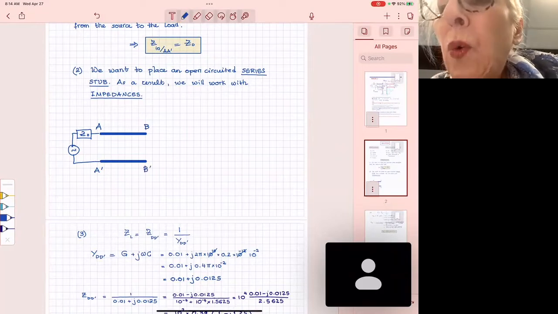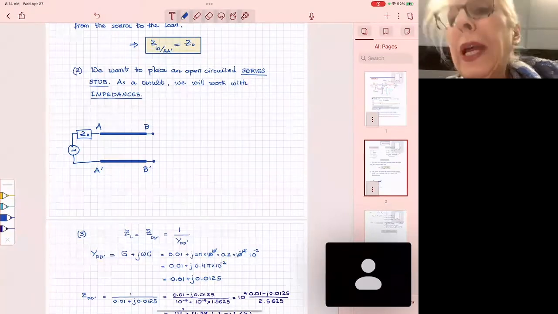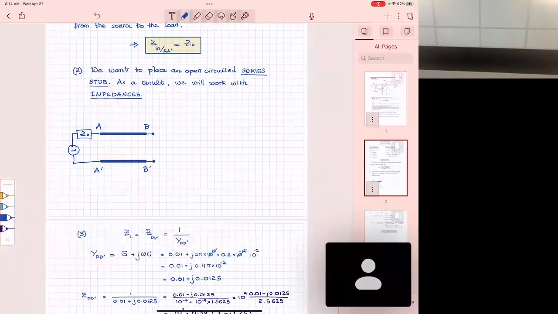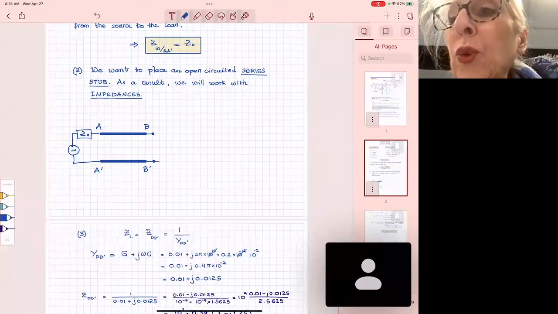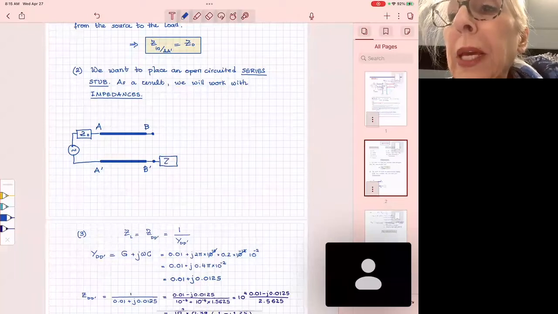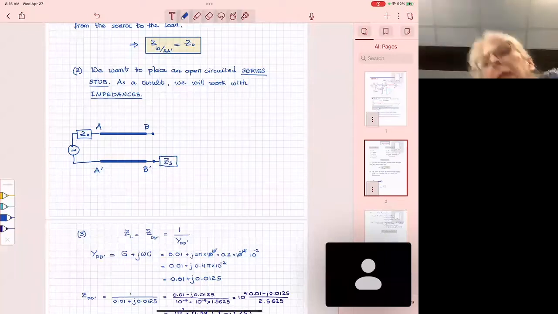Now, where the stub comes into the picture, these are extensions, they're not transmission line extensions, they're just graphical extensions, so I don't put things on top of the other. The equivalent to a stub is going to be a stub impedance. I call it Z_s for stub. And I can express it in the form of an admittance or an impedance.